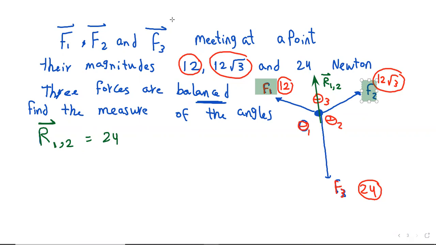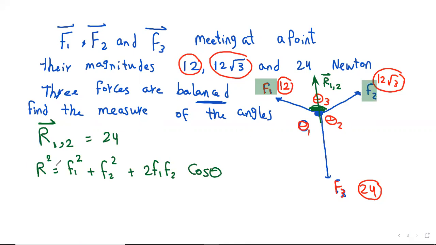So we can now find the angle between F1 and F2. You know this rule: R squared equals F1 squared plus F2 squared plus 2 F1 F2 cosine theta. So we can find the angle between them.